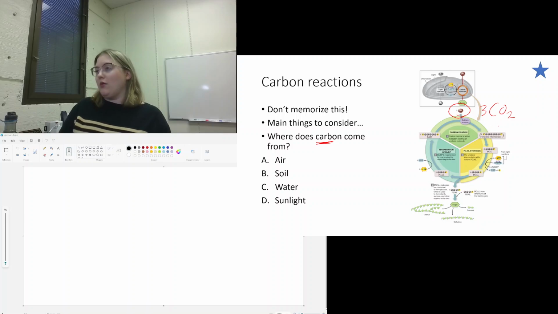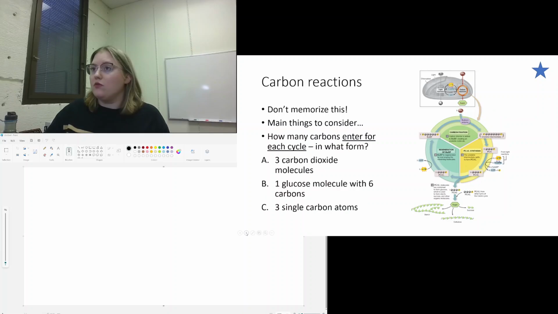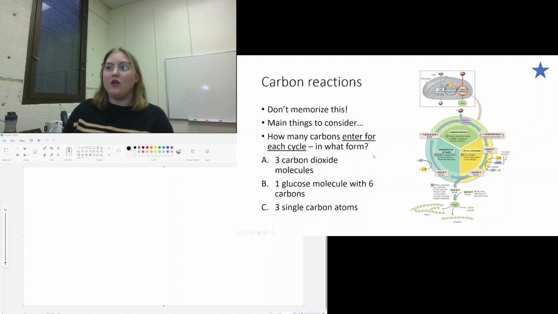Okay, let's move on to our next slide. Go ahead and answer this in iClicker. How many carbons enter the cycle in one round of the cycle? How many carbons are coming in, and in what form?